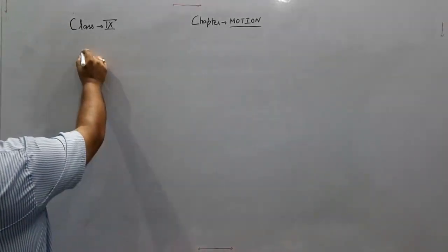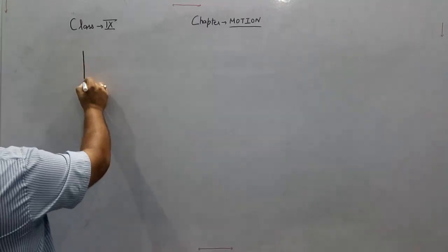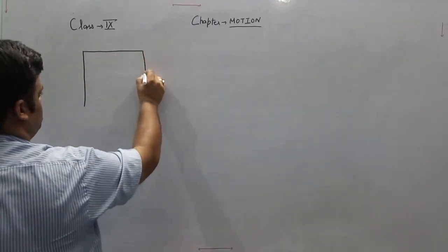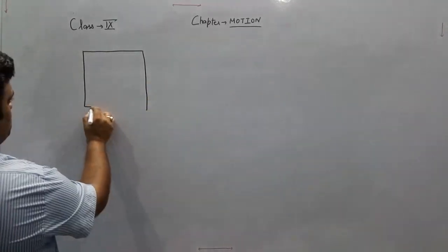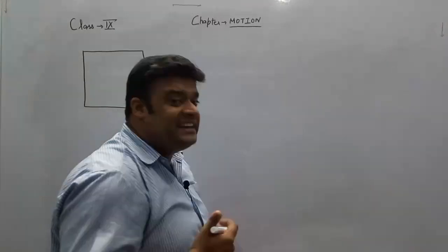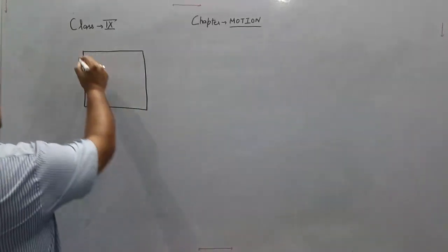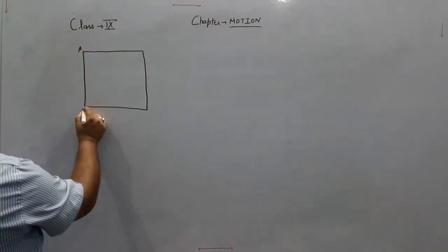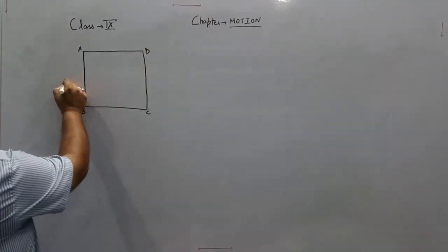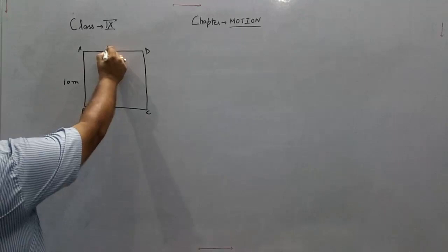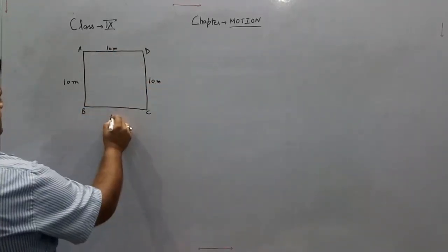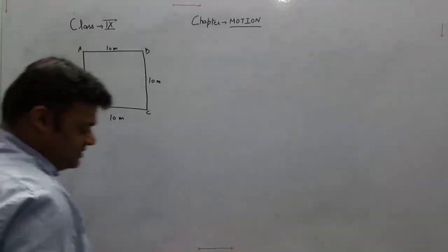An object or a person moves along the sides of a square field of side 10 meters, that is A, B, C, D. One side of the square field is 10 meters, that means all four sides will be 10 meters.